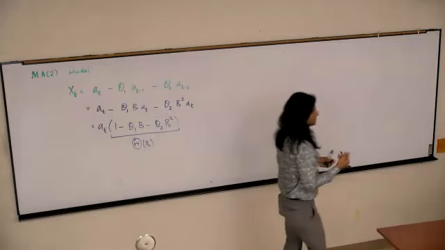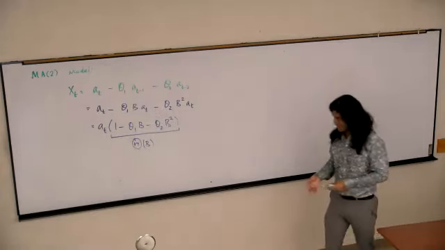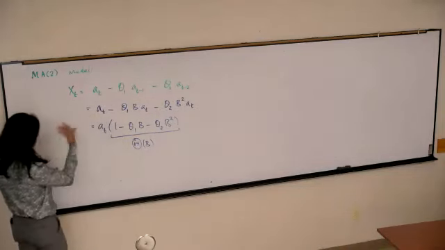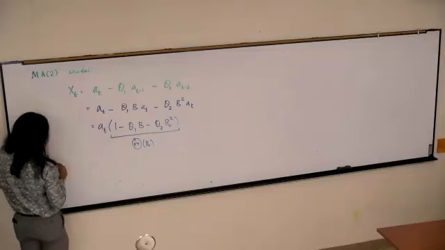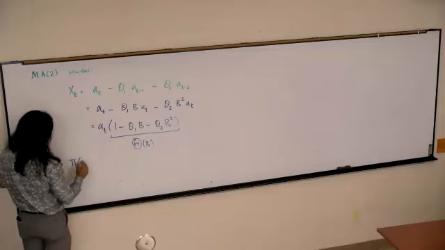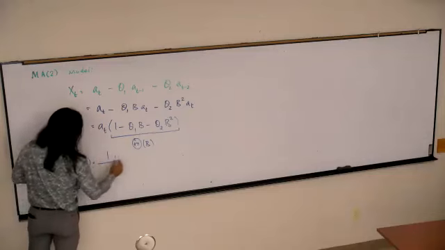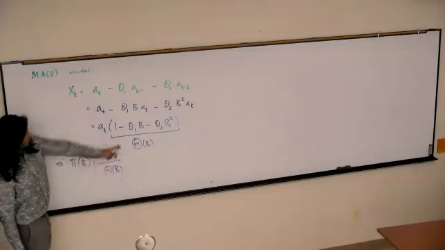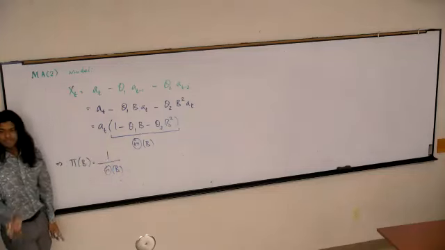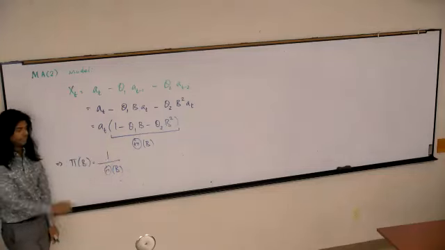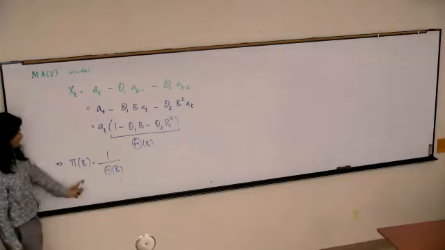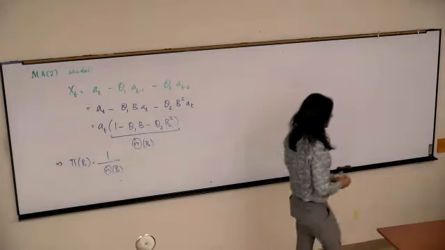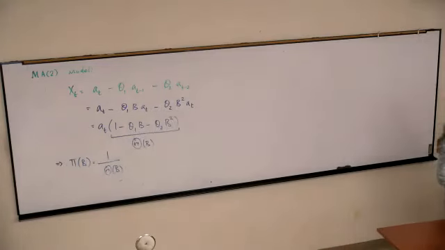If we convert this to an AR infinity, in other words, if it ends up being invertible, then we would have pi of B to be 1 over theta of B. So when we divide, turn it into an AR infinity, the weights that you get there would be pi values, provided the model is invertible.